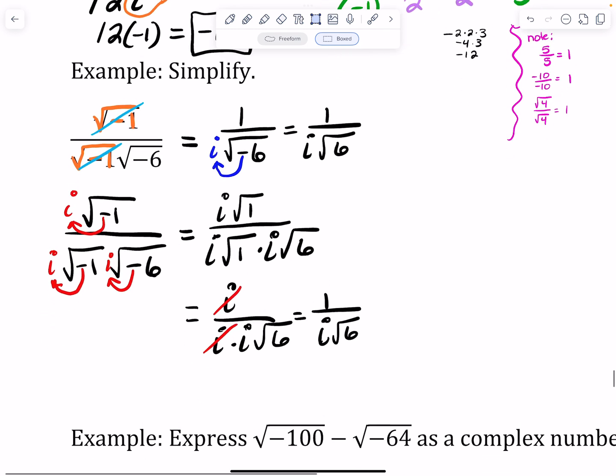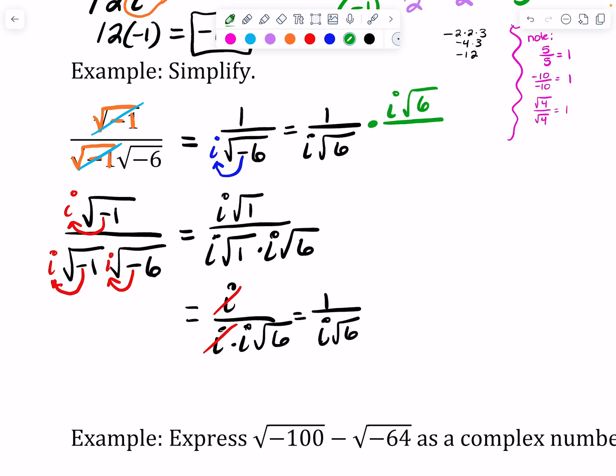So we learned about rationalizing the denominator. We're not allowed to have a radical or an I in the bottom of our fraction. So we're going to have to take this and we're going to have to multiply it by I root 6 over I root 6.